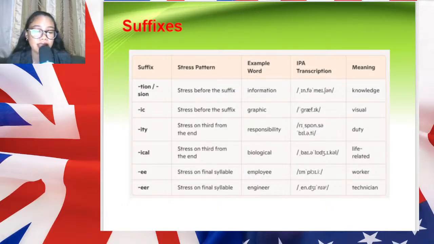But if you find a tion and go one step back, that's where the heartbeat of the word is. When I say heartbeat, I mean the stressed syllable in the word. All right, let's move on to the next.